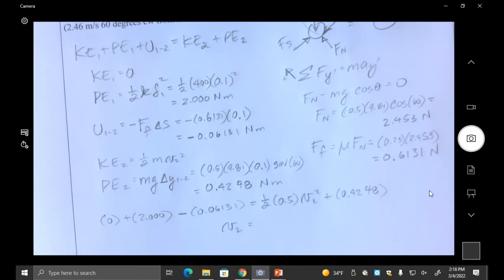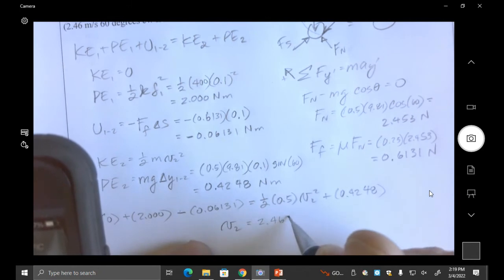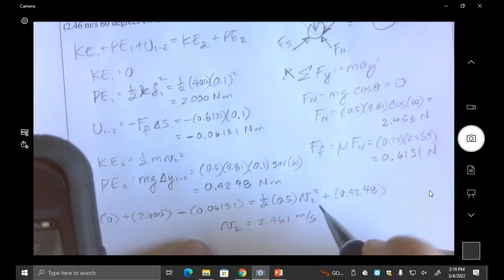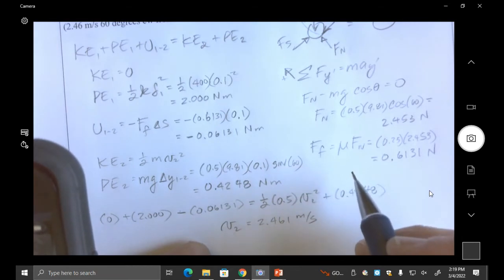So 2 times, then 0.5. And square root, and cross your fingers that we get 2.461 meters per second. And they wanted the velocity.